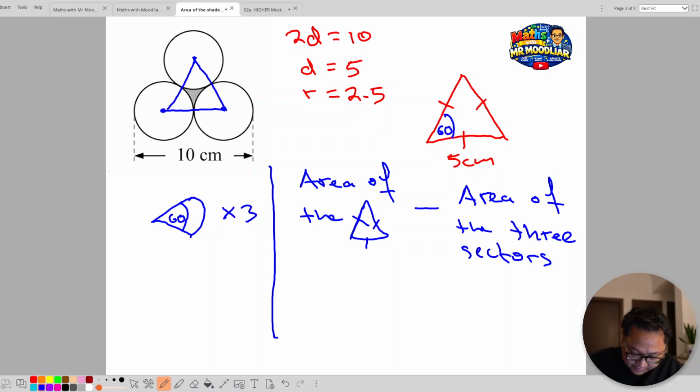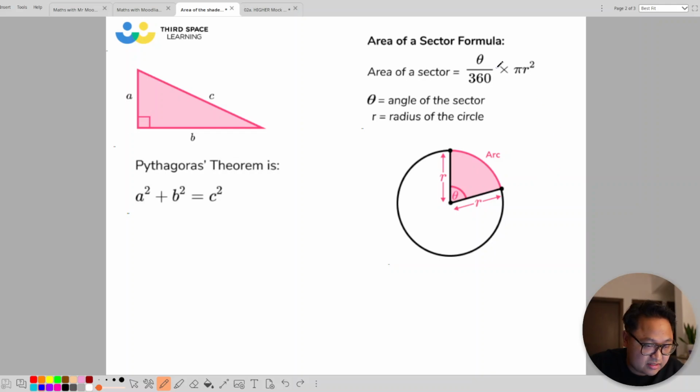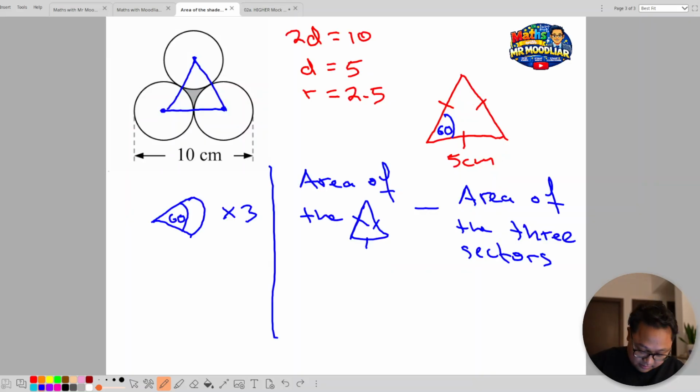Okay, so again, if this was your GCSE maths question, I want to maximize marks. So using the formula earlier, we have the area of the sector, theta over 360 times pi r squared. I'm going to be using that. So let's look at it now. 60 over 360 times pi times the radius squared, which is 2.5 squared.